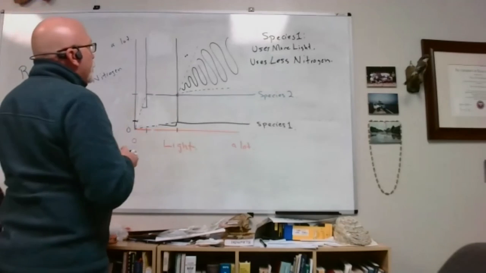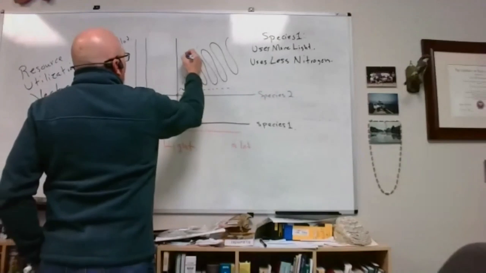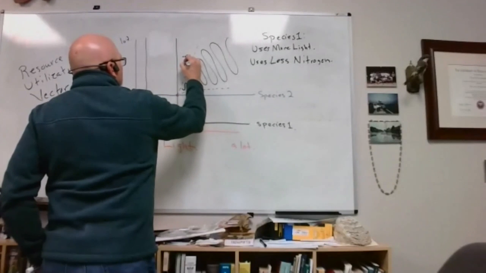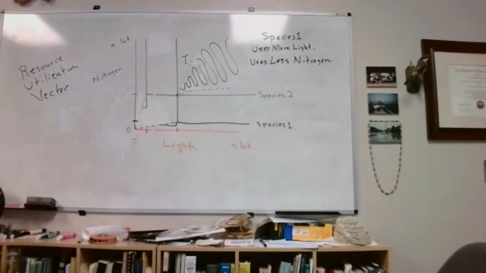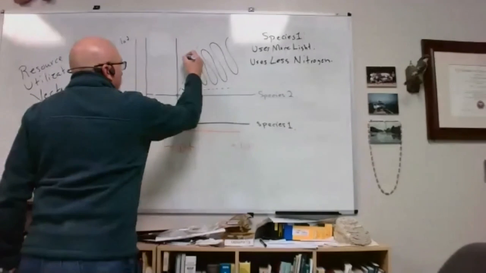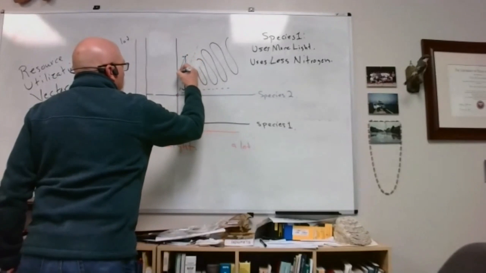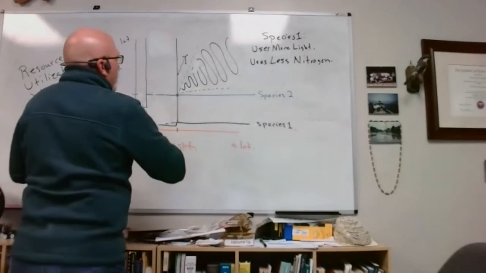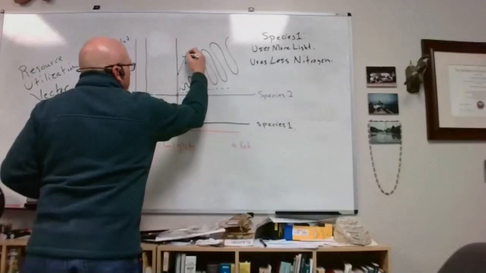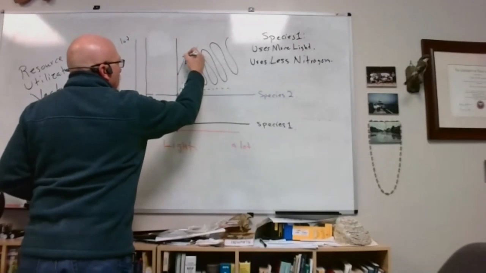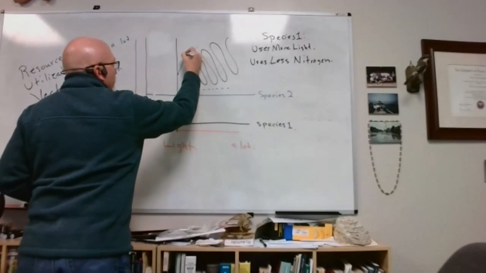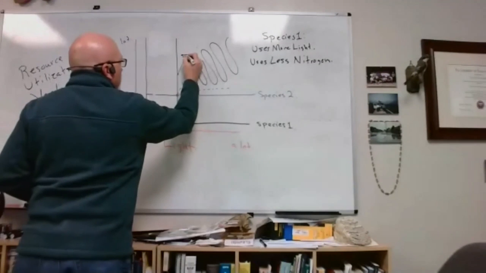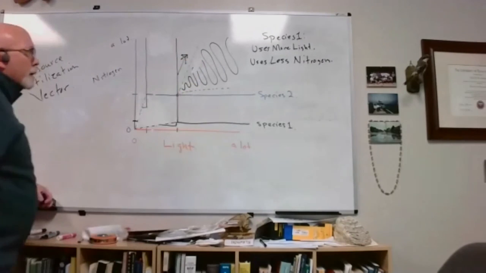But species 2 uses a lot more nitrogen than it does light. Okay, so we can draw these 2 vectors, and we can reflect what the slope of that resource utilization vector will be. We can do the same thing for species 1, but in this case, it's going to use a lot less nitrogen than it uses light. Okay, and so its vector of resource utilization is going to go this direction.